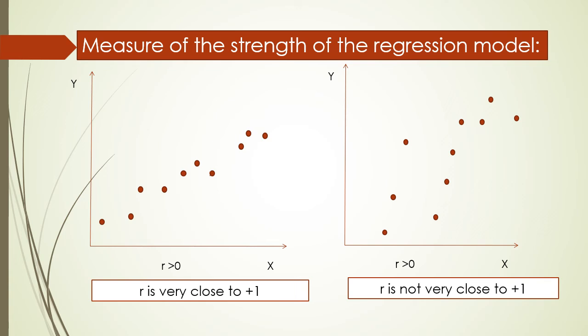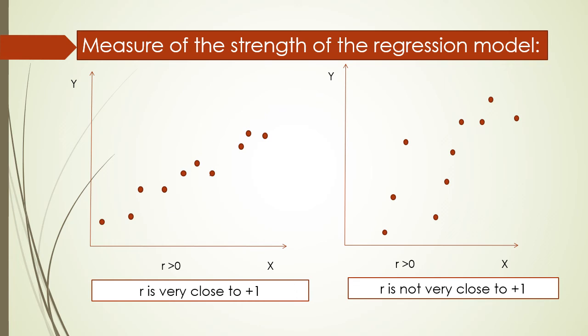That means correlation between the variables of the first diagram is much stronger than the correlation in the second diagram. We will find that the correlation coefficient calculated from the data points of the first diagram will be very close to +1. But the correlation coefficient of the second diagram is not very close to +1.